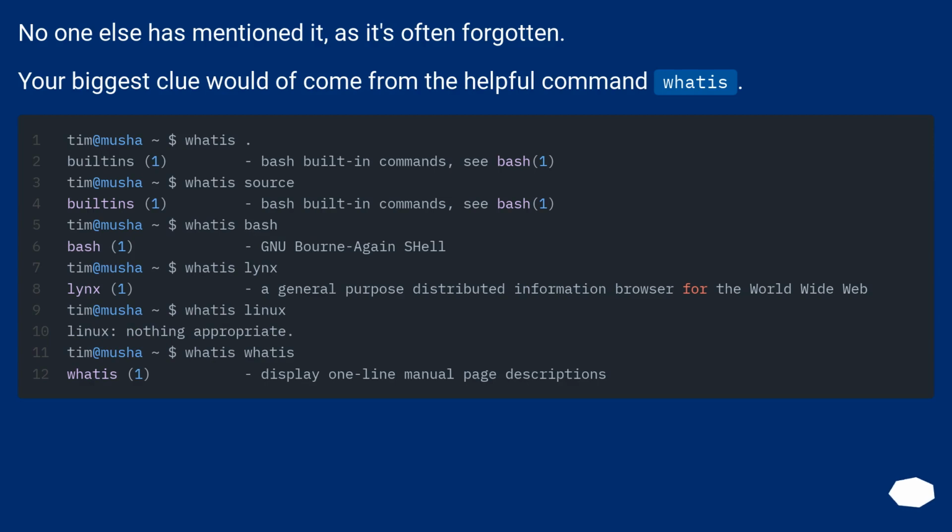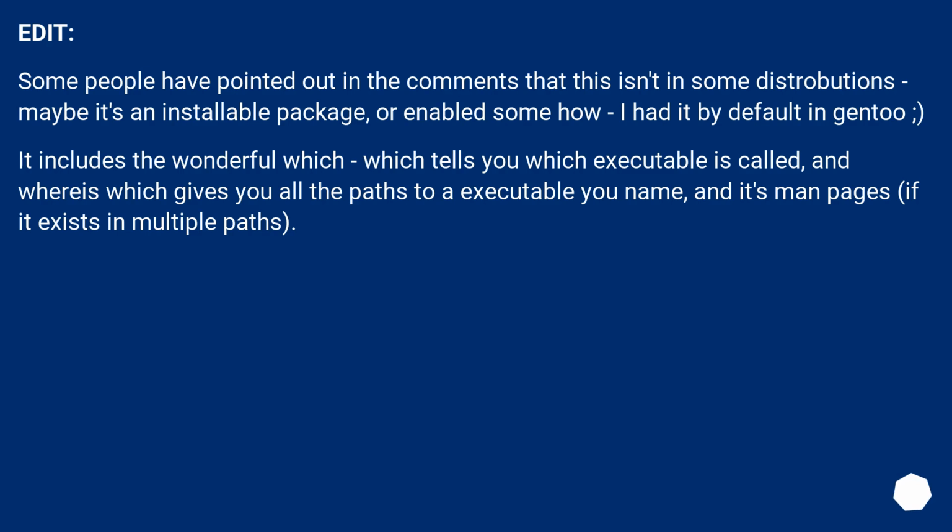No one else has mentioned it, as it's often forgotten. Your biggest clue would have come from the helpful command whatis. Edit: some people have pointed out in the comments that this isn't in some distributions.